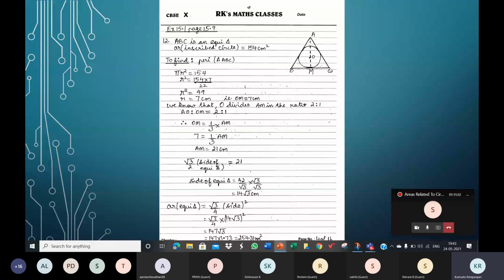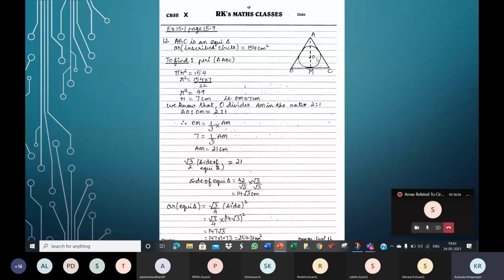Now this is the vertex C. The altitude from C on AB, ma'am. AB, on AB.